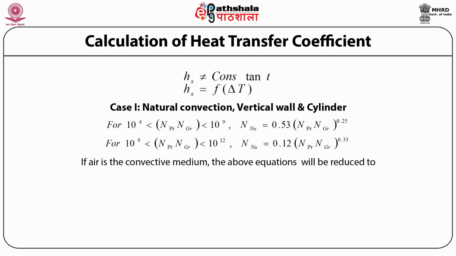Other conditions remaining the same, if air is used instead of liquid, the relation will be reduced to hs equal to 1.3 into (del T by L) to the power 0.25. And for a horizontal cylinder, the equation will be reduced to hs equal to 1.8 into del T to the power 0.25.